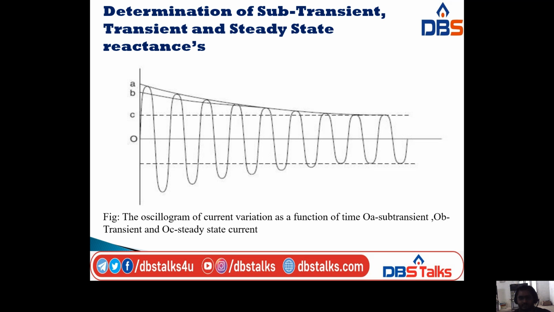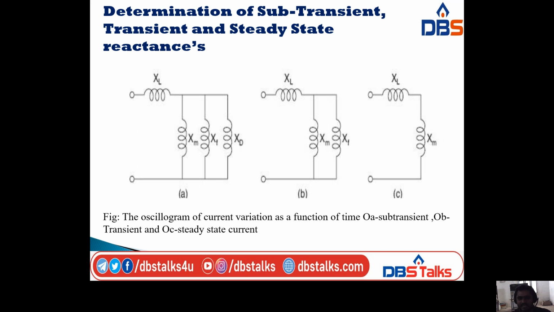And next I am using these three equivalent circuits. In the first circuit we have the damper winding, rotor winding and stator winding, all present with the reactance of the circuit.